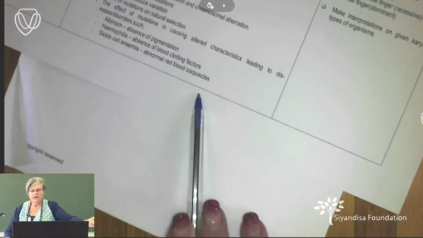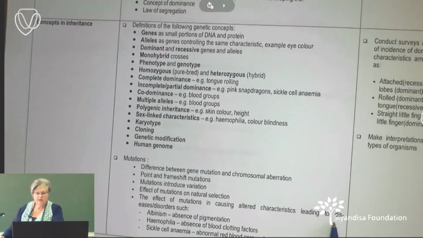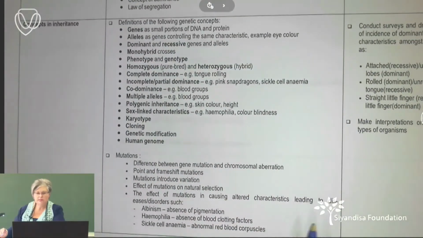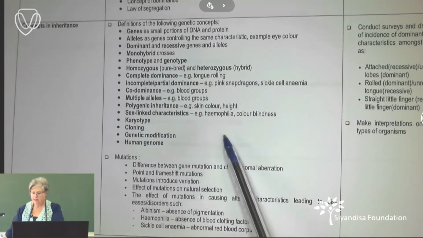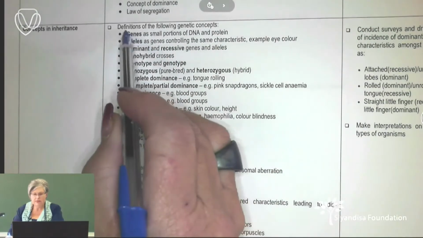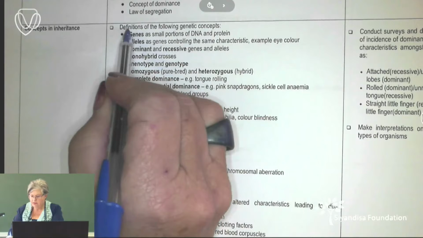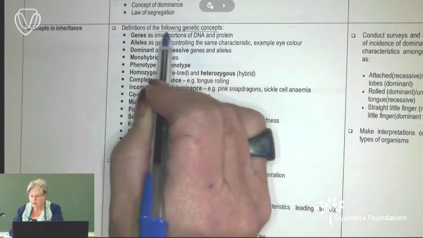If we look at the examination guideline, which I said must be your basis for studying, firstly it says that we must know the definitions of the following genetic concepts.